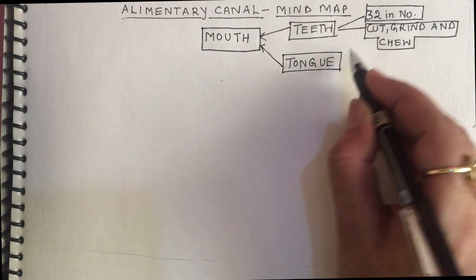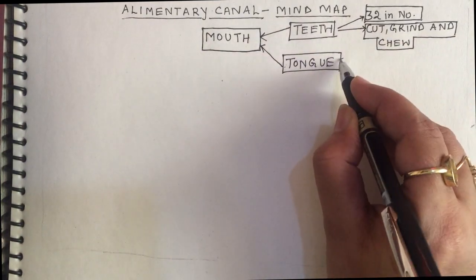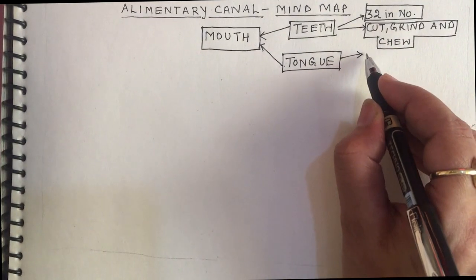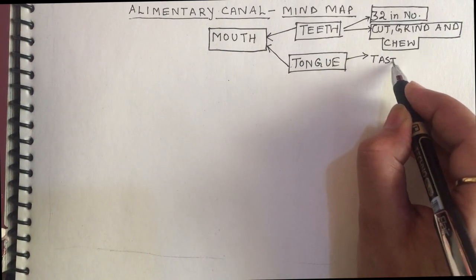Now we will write characteristics of tongue. First of all, what the tongue do? It helps in tasting the food.